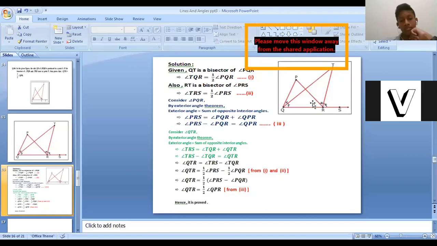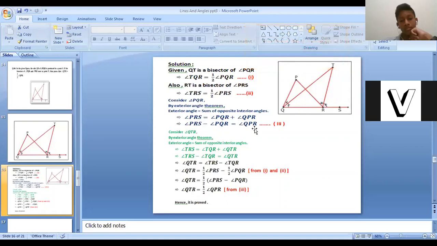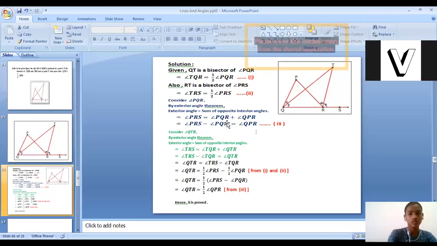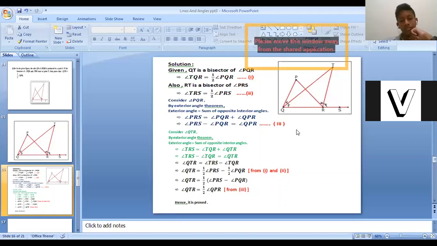But in the given question, they are asking us to find angle QPR. In this, three angles are there. Angle PRS equals angle PQR plus angle QPR. But we need only angle QPR. Why? Because they are asking us to prove based on this angle. So send the other angle PQR to the other side. This acts as statement 3.